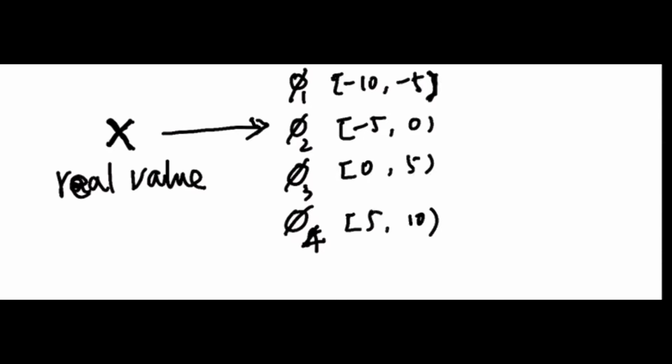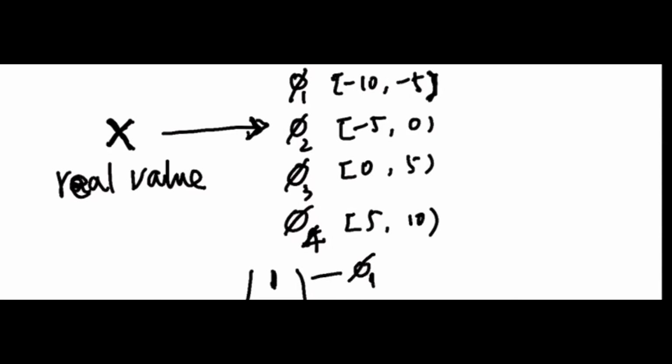By using these 4 indicator functions, X will be mapped to a vector. If X is in -10 to -5, then you will get 1 for the first entry of this vector, which corresponds to phi1.